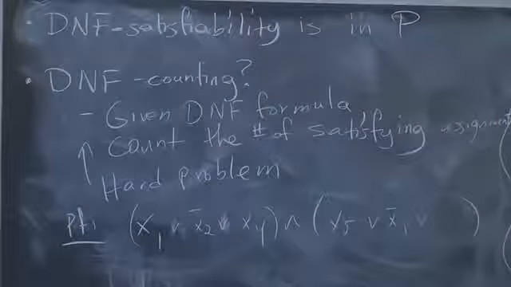So you want to know whether or not this thing is satisfiable. This is your input for SAT. Well, if you could count the number of solutions, then you would know whether or not it's satisfiable, because you would know whether the number of solutions is 0 or not, right? So how could you count the number of solutions to this CNF formula?